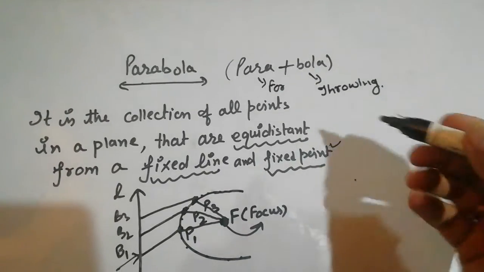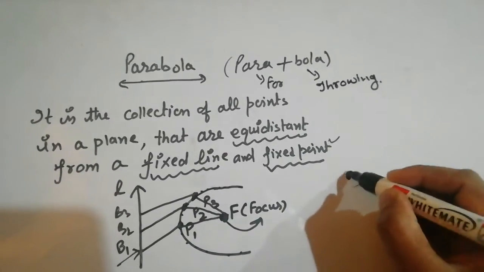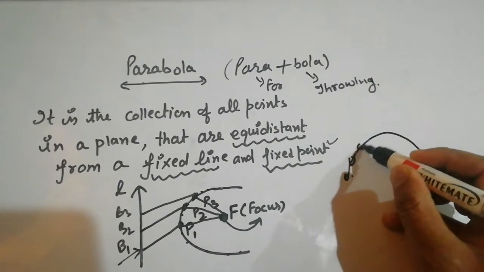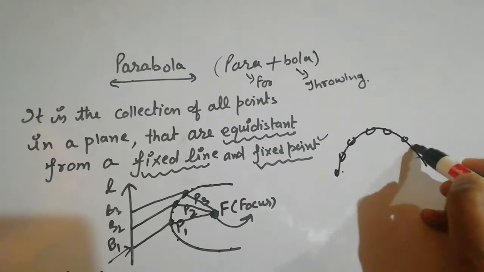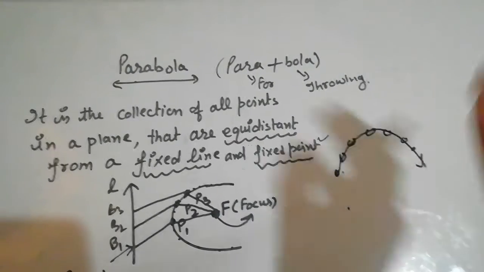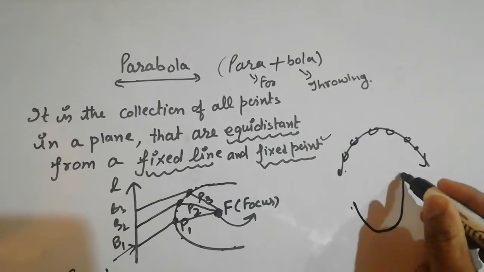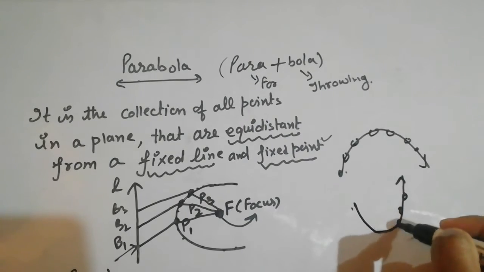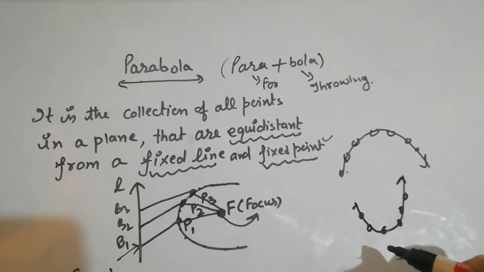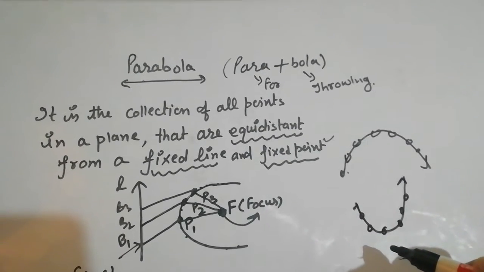When we throw a ball, it makes a shape like this one. Or if you throw a ball upwards, it makes a shape like this one. So these shapes are all parabolic shapes.